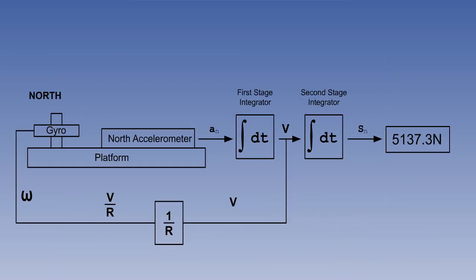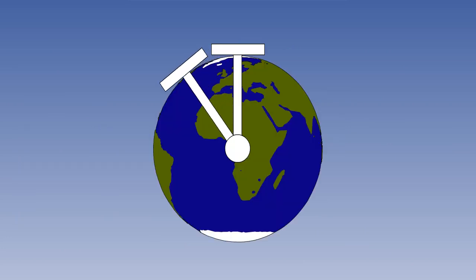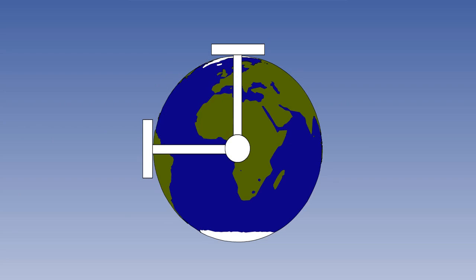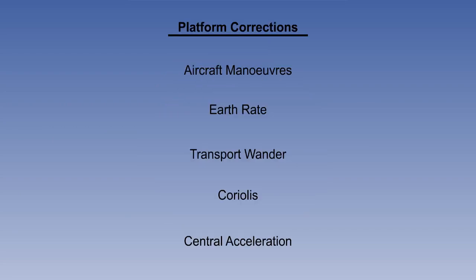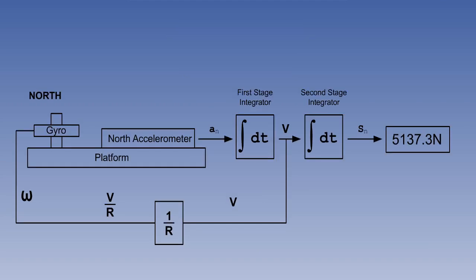The vertical component is corrected by V/R and U/R feedback loops, which is also known as Schuler tuning. Some people find the pendulum analogy helpful when considering Schuler tuning. We looked at the full list of platform corrections. And finally, we revised the full data flow, including Schuler tuning.